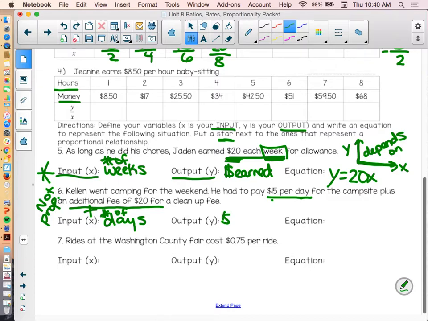But the dollars is affected by how many days we're talking about. And now my equation, y equals, I've got to use the numbers, 15 per day. That tells you multiply. So 15 times x. And it even says plus 20. And do you see now why this is not proportional? I hope so.